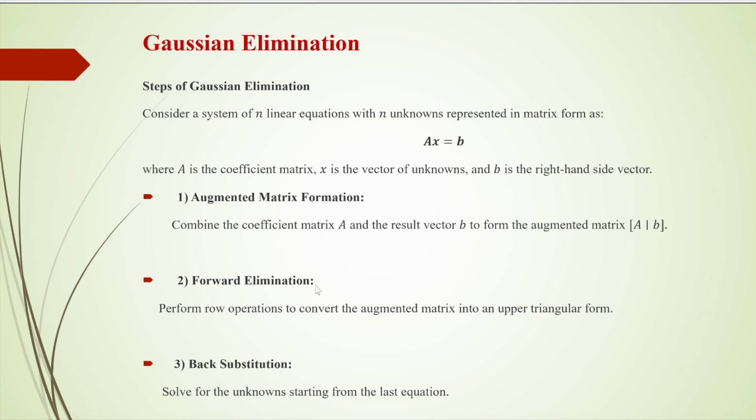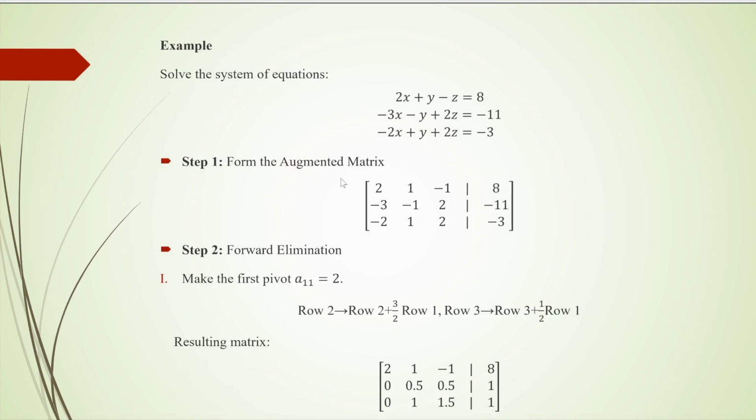Then by using forward elimination, we perform row operations to convert the augmented matrix into an upper triangular form. Then, in step 3, by using back substitution, we solve for the unknowns starting from the last equation to the first equation. Then we get all the values, and this is Gauss elimination.